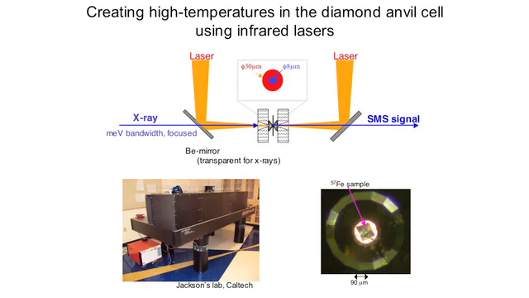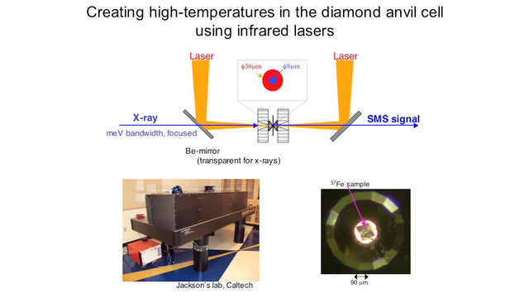The focus will be on the melting point and how we use those vibrational properties to know an accurate melting point of an iron or an iron alloy. We have an infrared laser that is focused in line with the X-rays to the sample that's been squeezed inside the diamond anvil cell. And we have a detector out here that detects the signal.